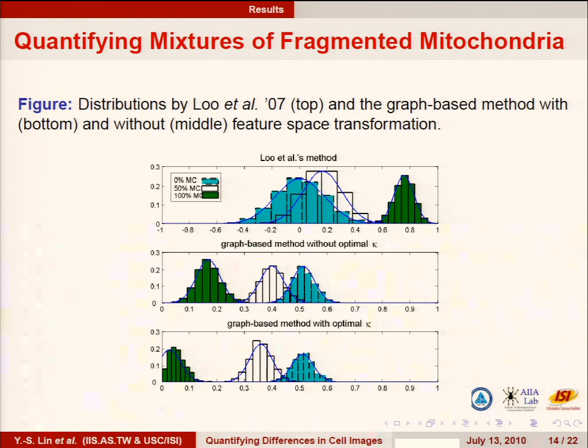Those methods show these two distributions overlap with each other. That means different results for which one is closer to the normal mitochondrial cell images.